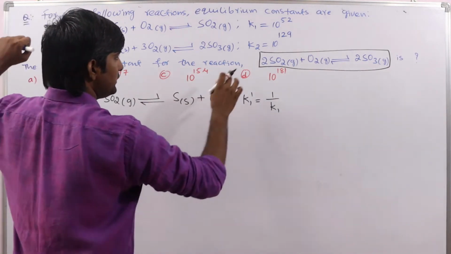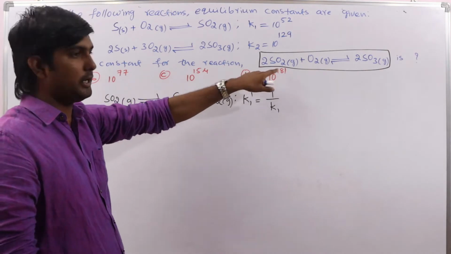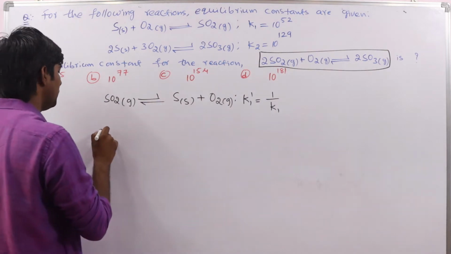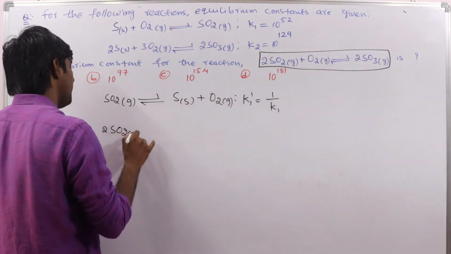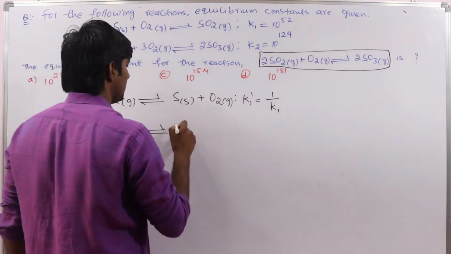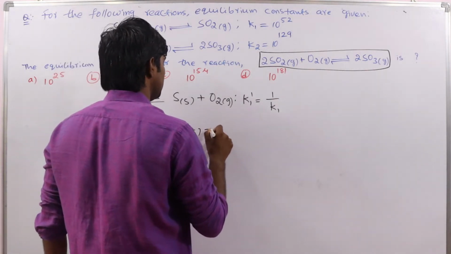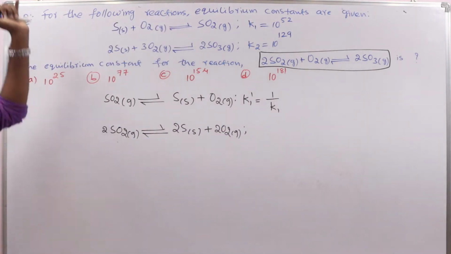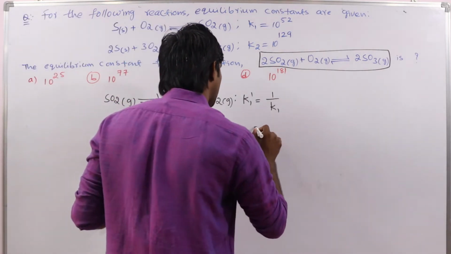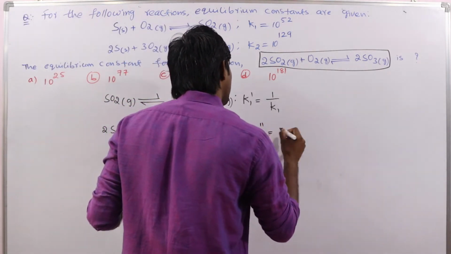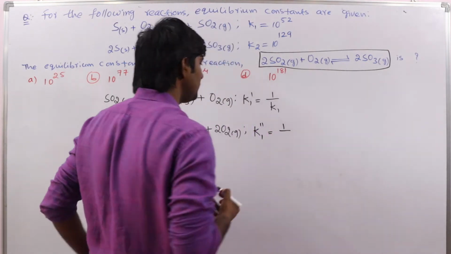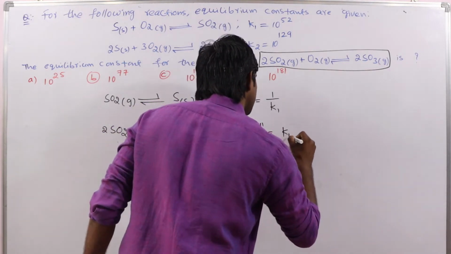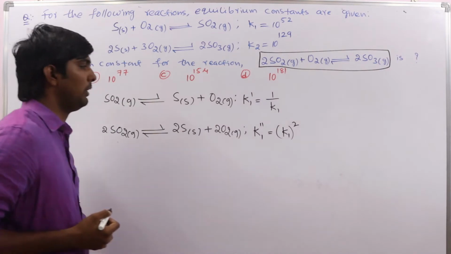Next, we have 2 moles of SO2 in the target, but only 1 mole of SO2 here. So multiply this entire reaction by 2. We get 2SO2 giving 2S plus 2O2. Whenever a reaction is multiplied by some number, the new equilibrium constant will be the previous equilibrium constant raised to the power of that number.